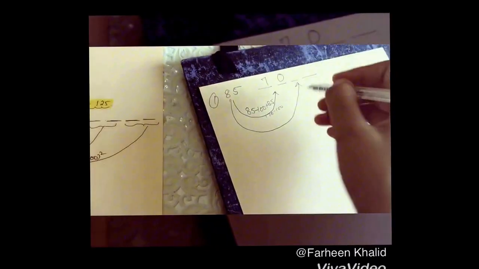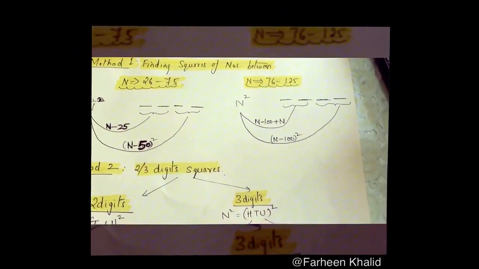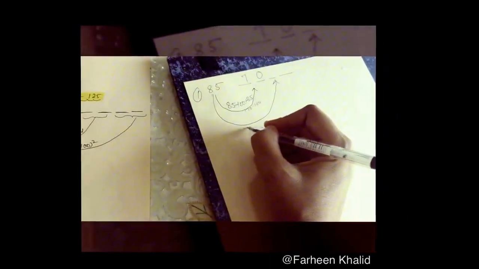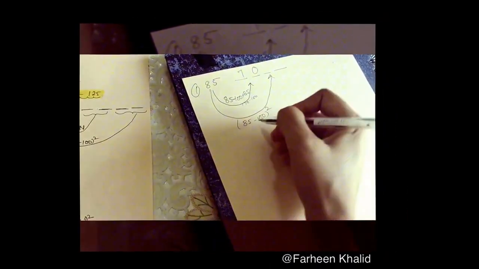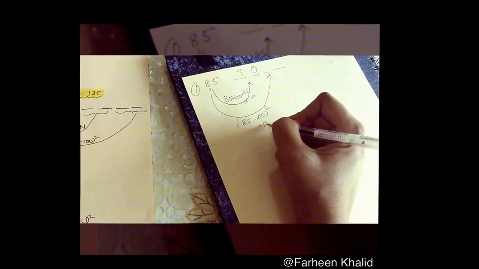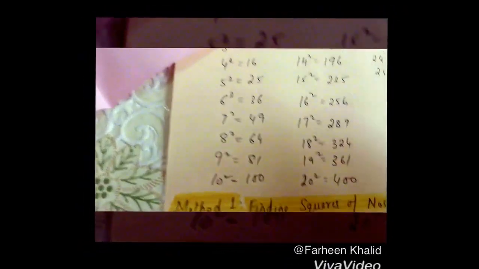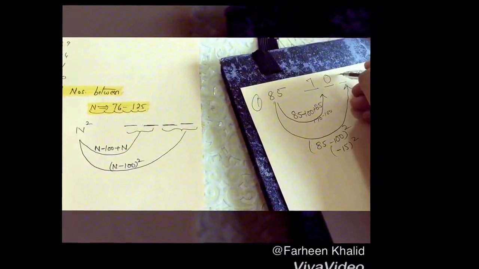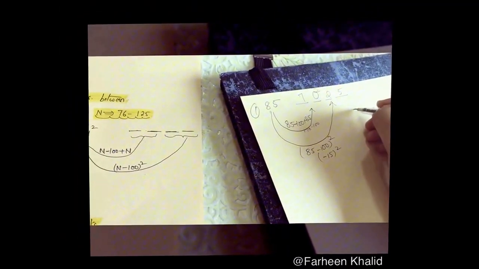Okay, so our first 2 digits are 70. Then we come to the second part. The second part says that it's n minus 100 whole square, so which is 85 minus 100 whole square, which is supposed to be minus 15 square. So the square for 15, as you can see here, is 225. Okay, so you can put the 25 here and you carry over the 2, so your answer is 7225.